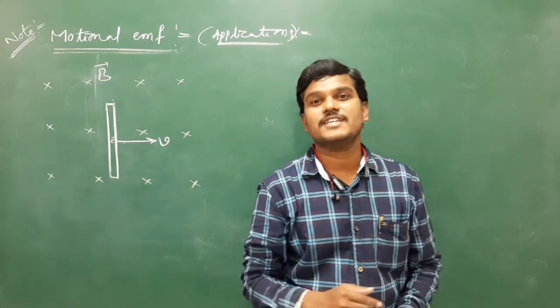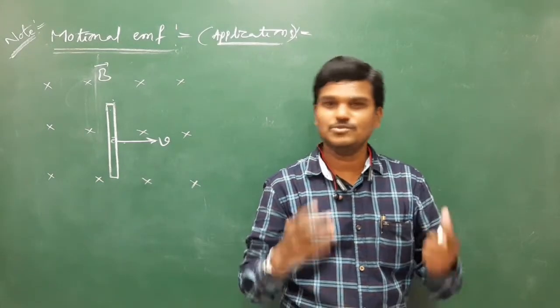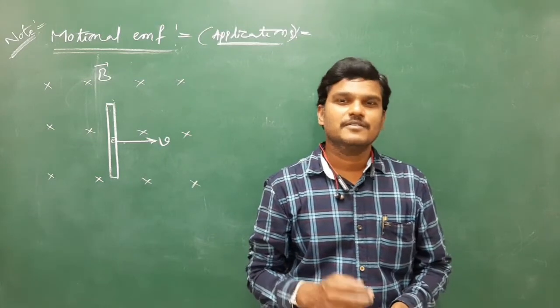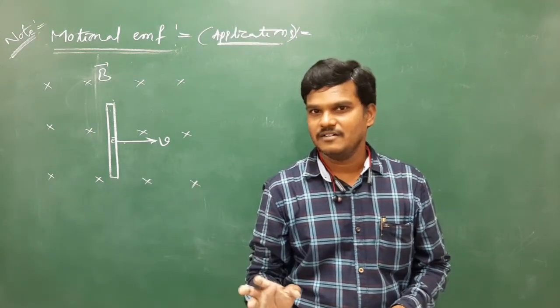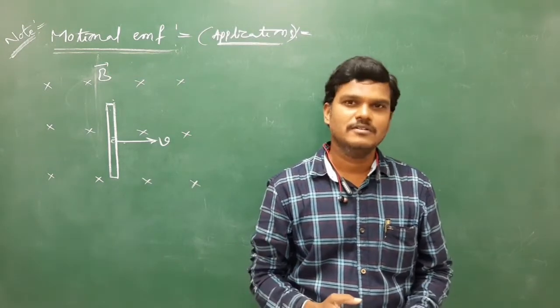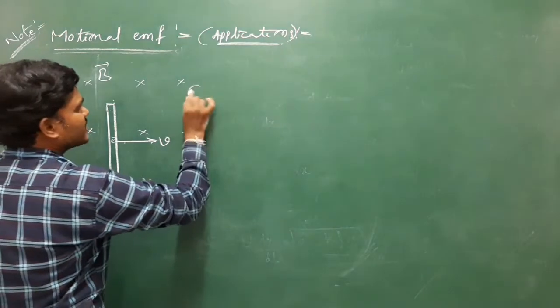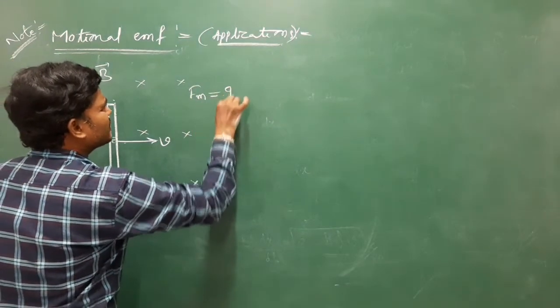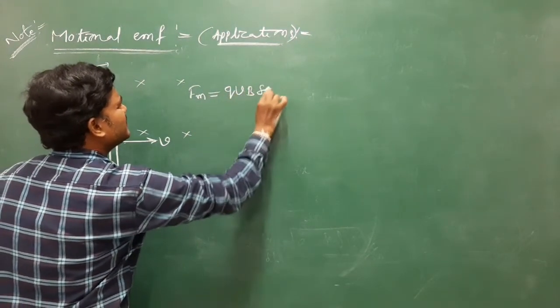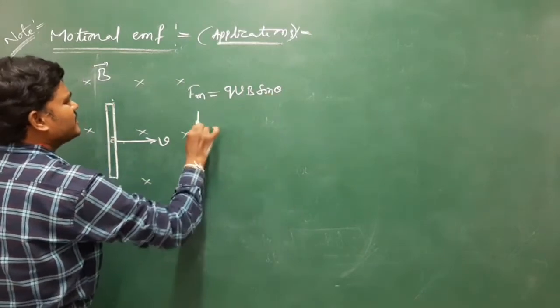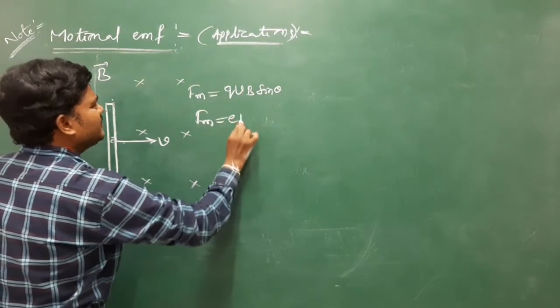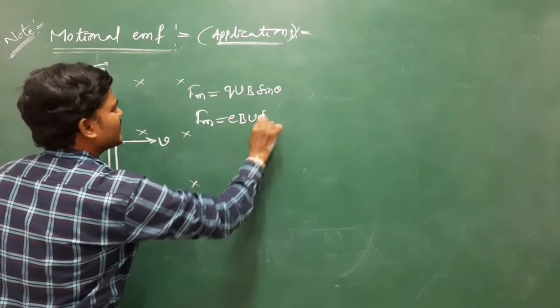That force we call the magnetic force, and you know that force is QVB sine theta. If Q is the charge of the electron, then it is EVB sine theta. So that magnetic force is QVB sine theta, otherwise we can write it as EVB sine theta.